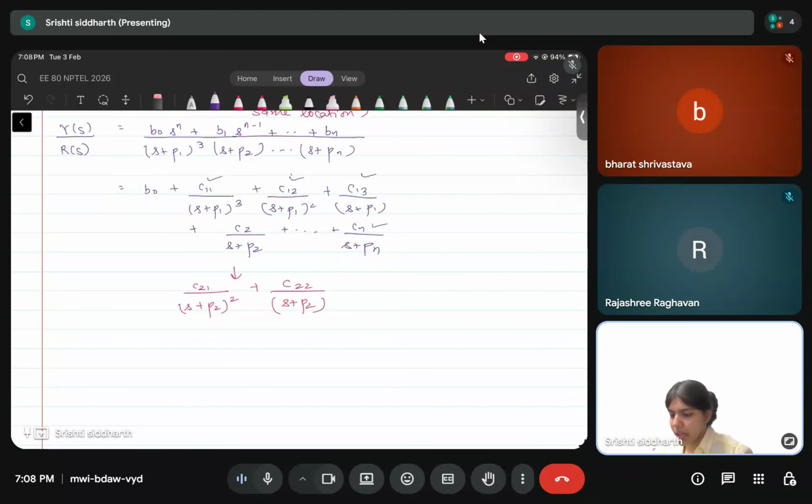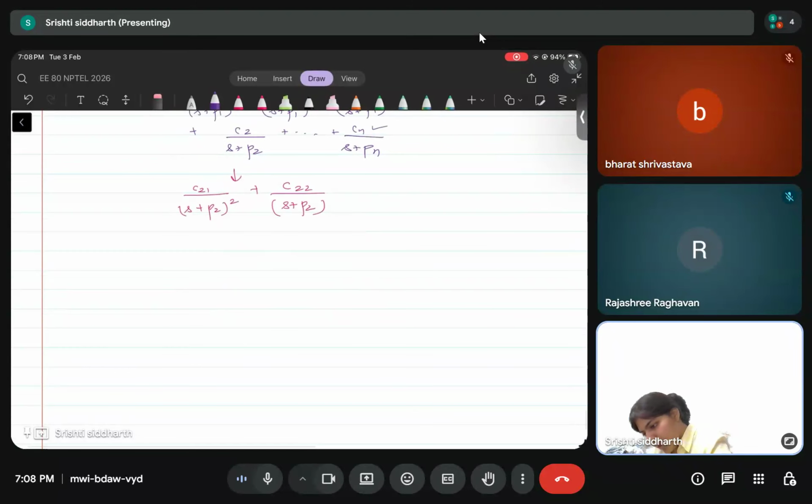Okay, so in this case, the system matrix A looks like a block diagonal form. That is, each block of the matrix A looks like a diagonal matrix with ones on the off diagonal term. So this is minus p1, minus p1, minus p1, since we have 3 repeating poles at p1, then 1 above it and 1 here, 0 everywhere else.